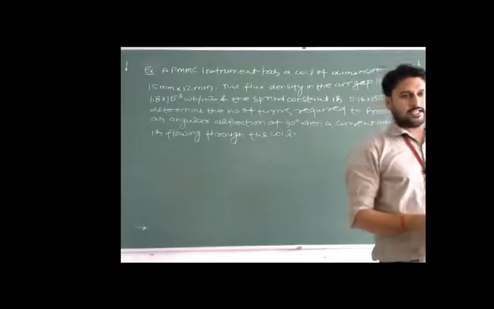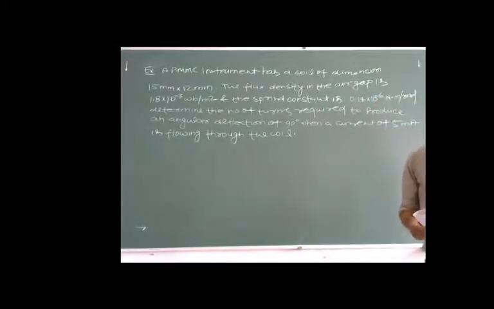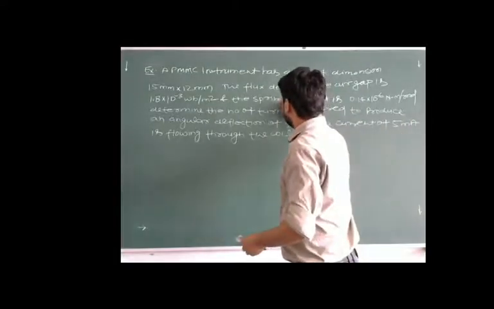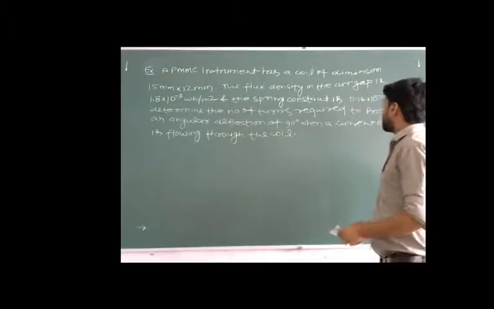The question says that a PMMC instrument is made up of a coil, and the coil has dimension 15 into 12 mm. The flux density in the air gap is 1.8 into 10 power minus 3 Weber per meter square. The spring constant is given as 0.14 into 10 power minus 6 Newton meter per radian.